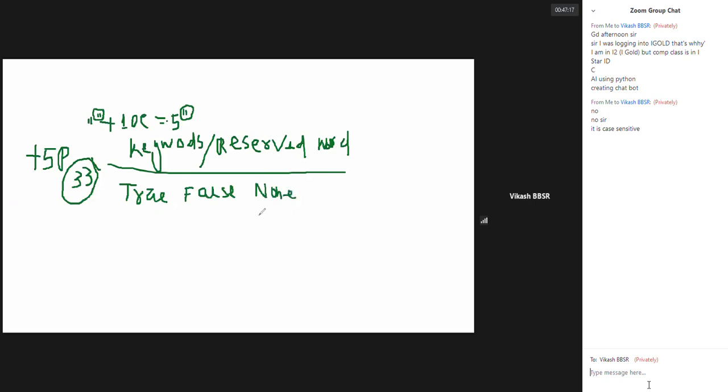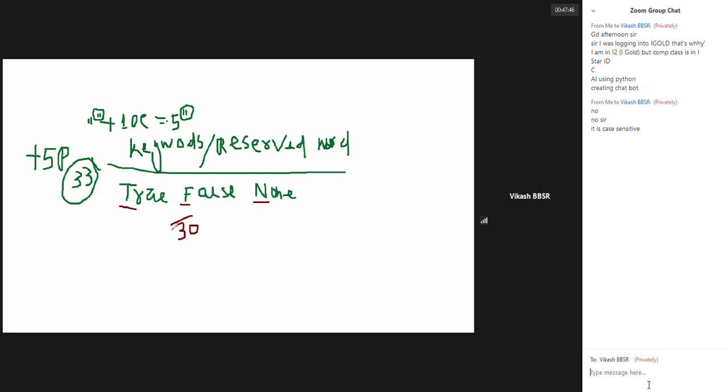So remember these three keywords out of 33, these are special because their first character is capital. Remember these three keywords: True, False, and None. These are the special ones out of the 33. And what about the other 30?